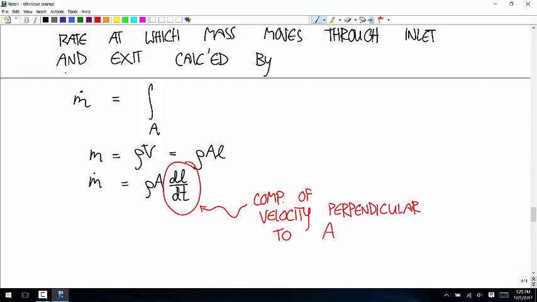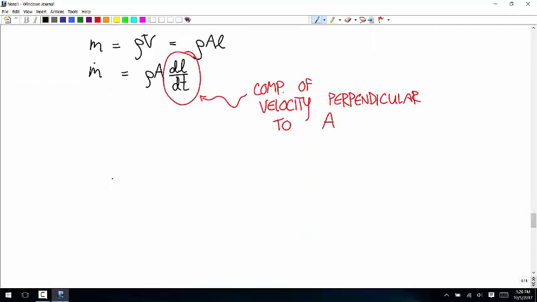So the L from the first expression is the length of, let me draw this. Okay, so here is the plane. A is the area here.